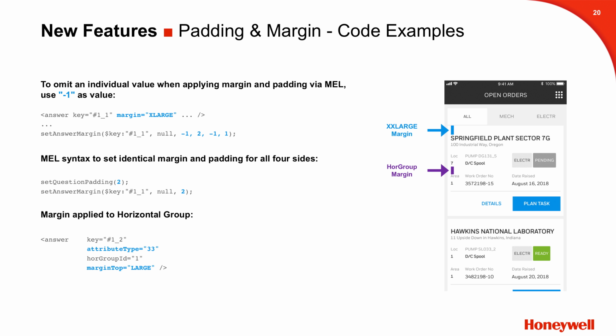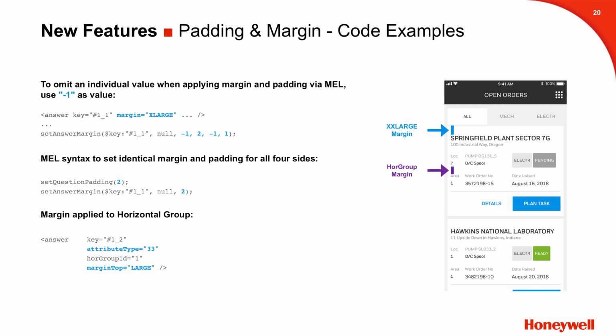Here are some code snippets around padding and margin. What is interesting is, for example, if you set paddings and margins via MEL, you can omit a certain value by using -1. So for example, here you can see the set answer margin is set to -1, 2, -1, 1.